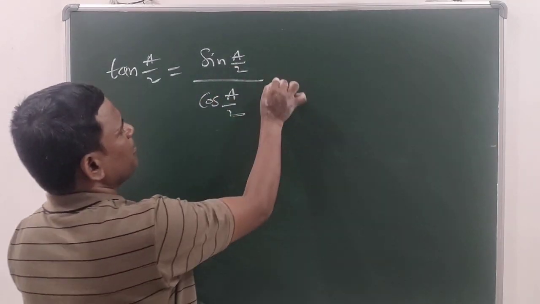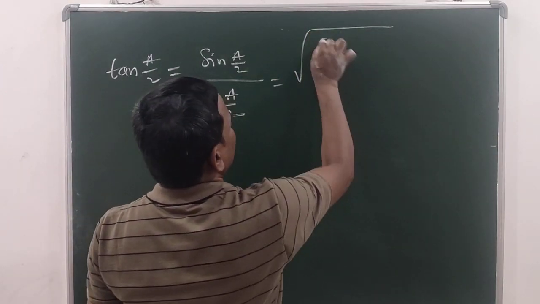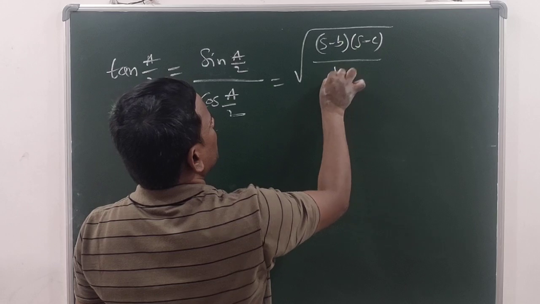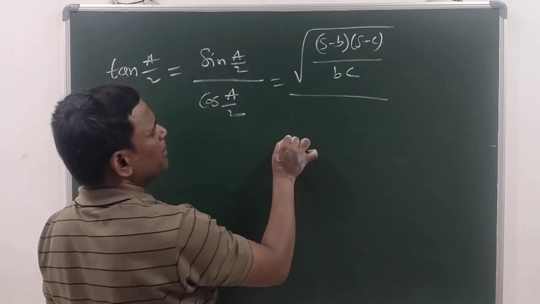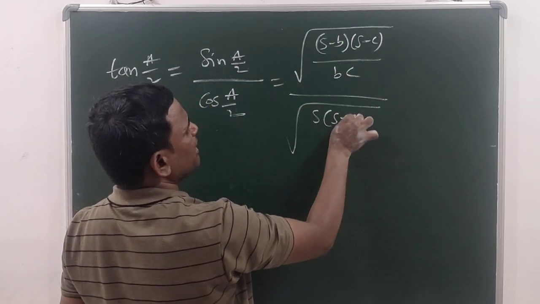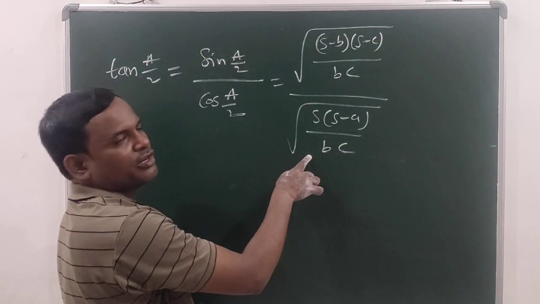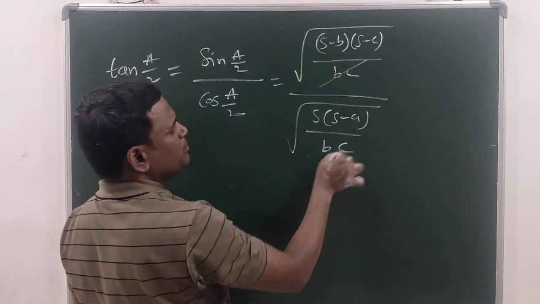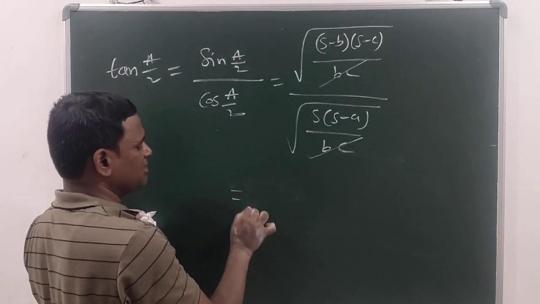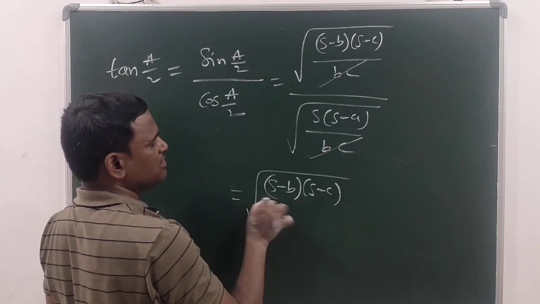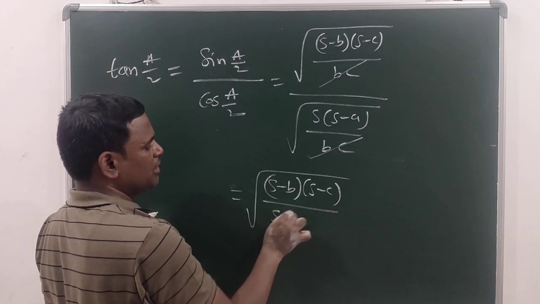Just now we wrote the sin A by 2 formula, so we got it like this: (s minus b)(s minus c) by bc. And cos A by 2, you got s into (s minus a) by bc. Now root a by root b, you can write root of a by b. This bc gets cancelled. Now this is the formula: (s minus b)(s minus c) by s into (s minus a).